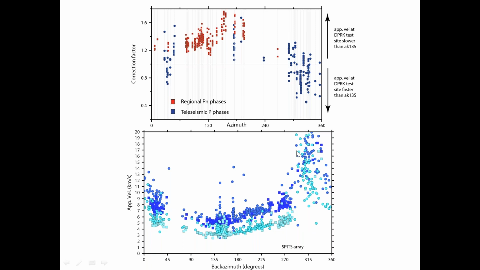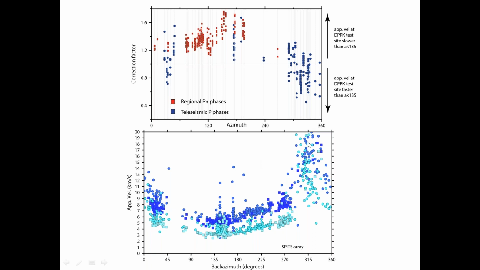And it was demonstrated in the late 1960s that if you simply put a dipping layer under a seismic array, you will see this kind of sinusoidal behavior with both azimuthal and slowness deviations. And we've observed this for almost every seismic array on Earth to greater and lesser degrees.